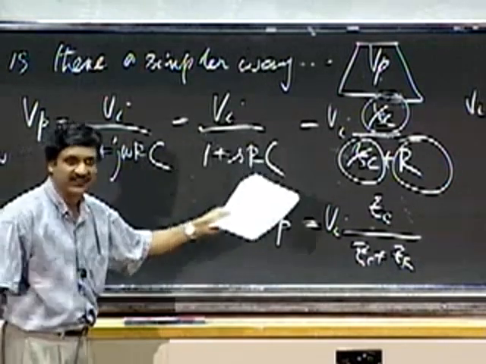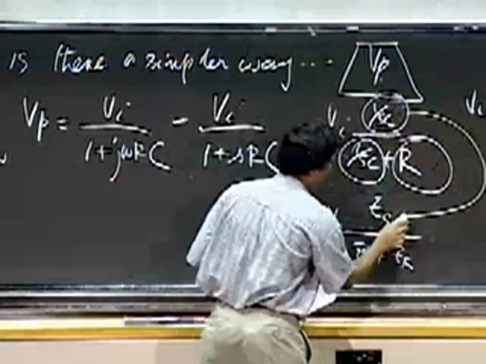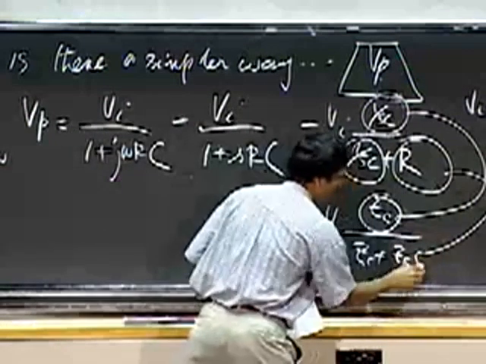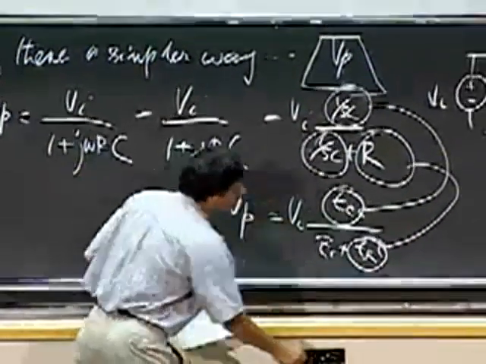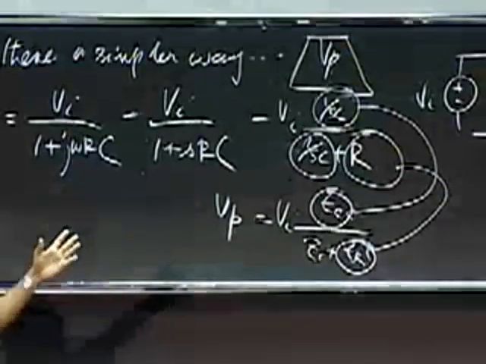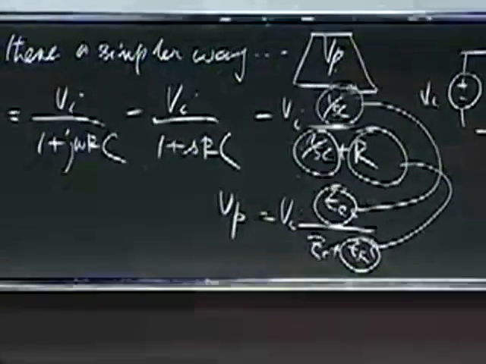Let's proceed further and see if we can make some kind of a connection between this and this. If I can make that connection, then boom, I'm done. I just use voltage dividers and I'm home.